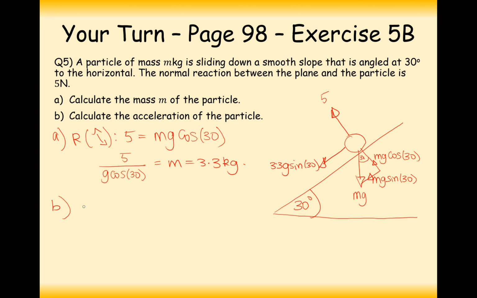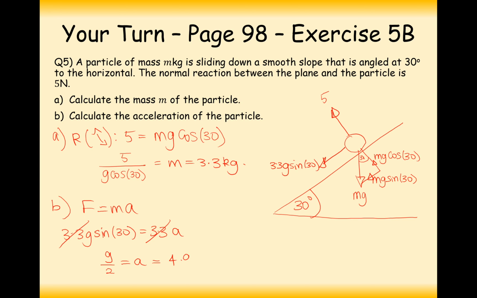So, substituting this into F equals ma, I'm going to have 3.3g sine 30 equals the mass of the particle, which is 3.3, times the acceleration, a. So I can cancel out my 3.3s on both sides. I know that sine 30 is 0.5, so my answer here is going to be g over 2 as the value of the acceleration.